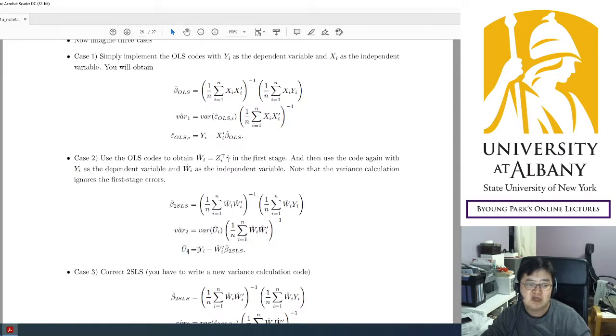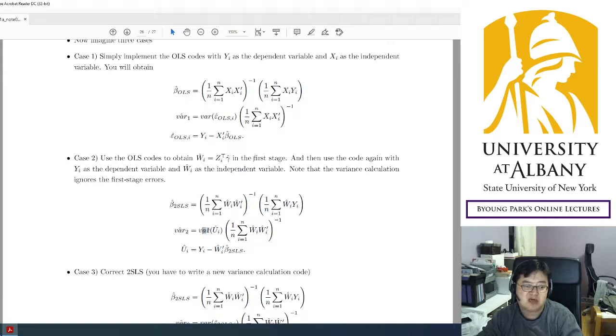The residual is y minus w hat beta hat, because you regressed y on w hat. Using this residual, the variance is calculated along with the inverse. This is what you are going to get. And it is wrong. It is not what you want.